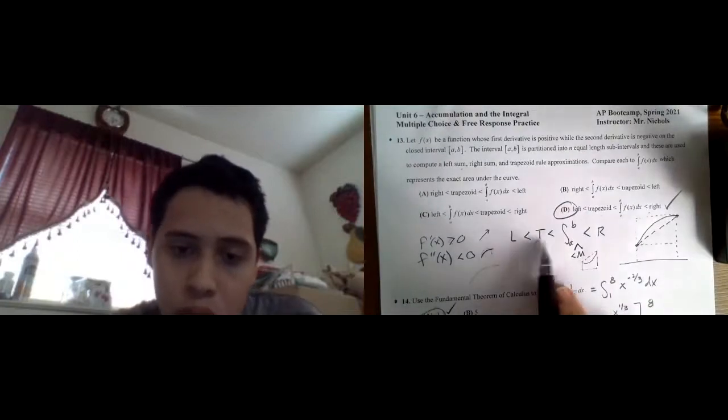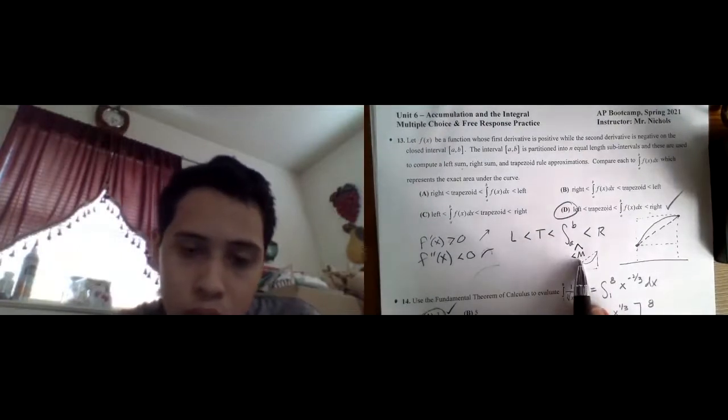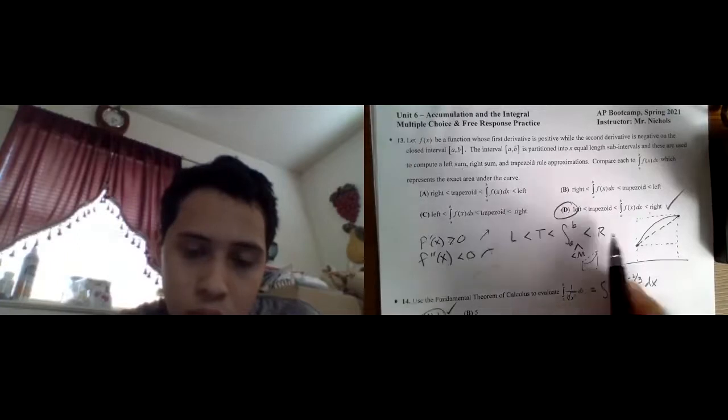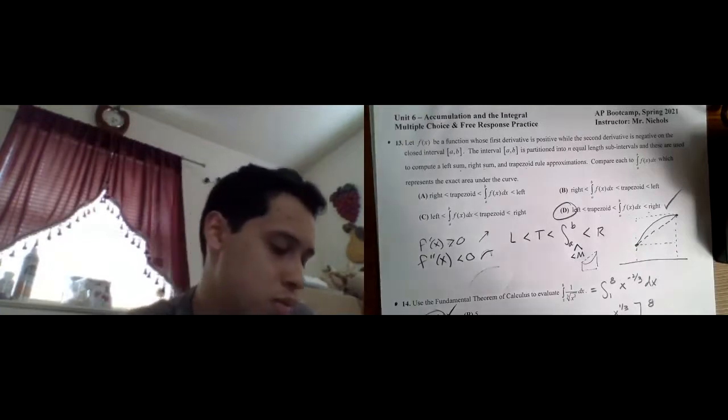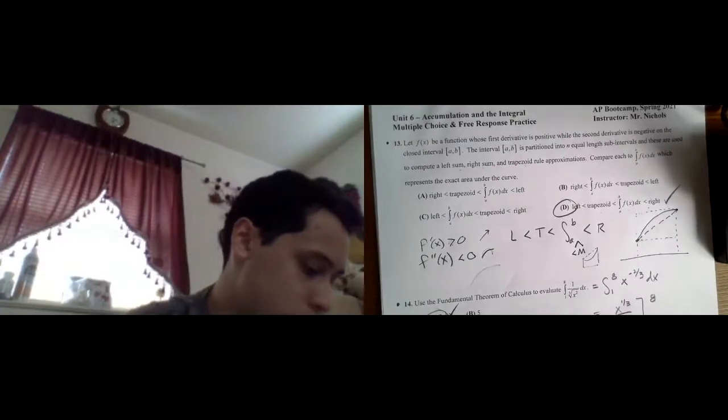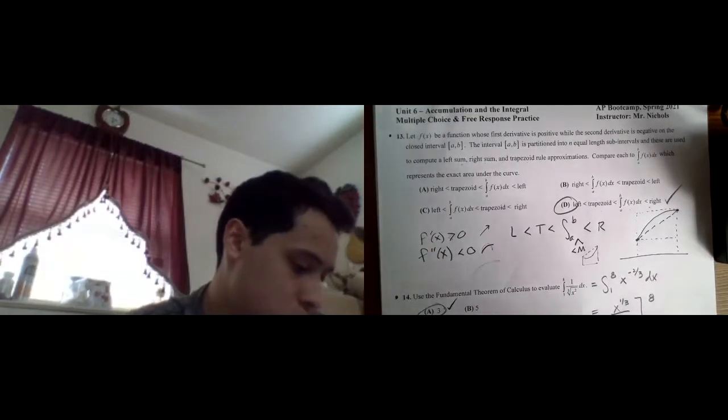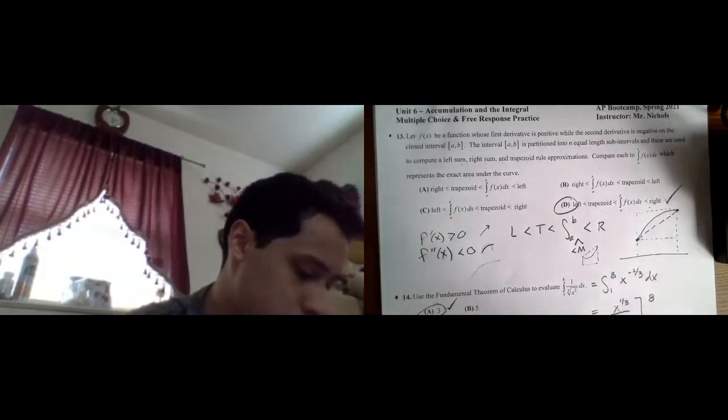It would be an upper bound because the trapezoid's a lower bound, and midpoint is going to be a better upper bound than the right hand method because that's always going to be true. It's less often that you see midpoint approximations in this type of question, but it does happen sometimes.